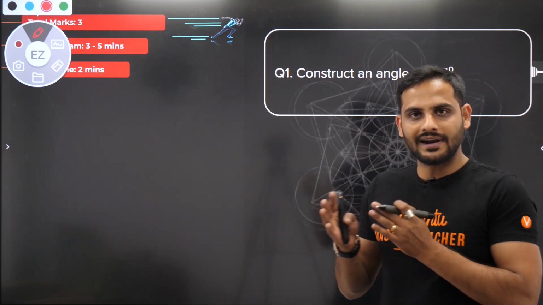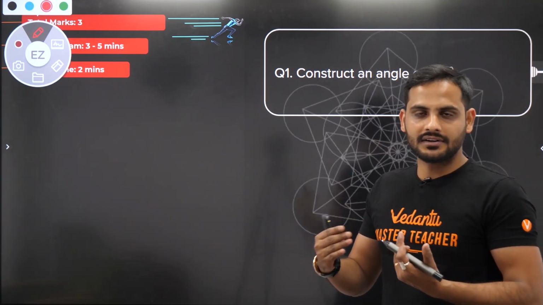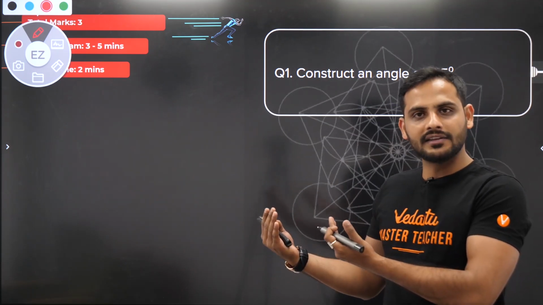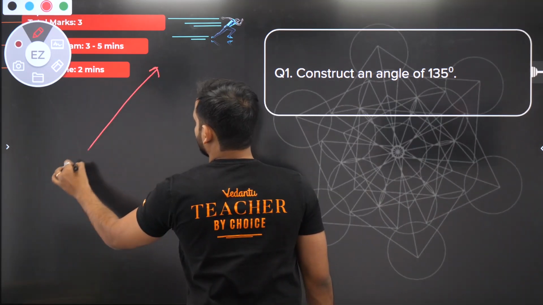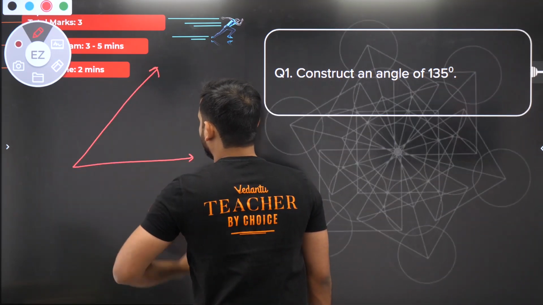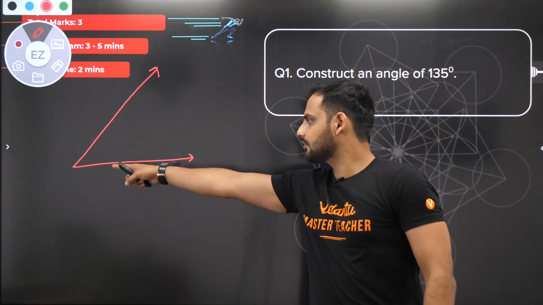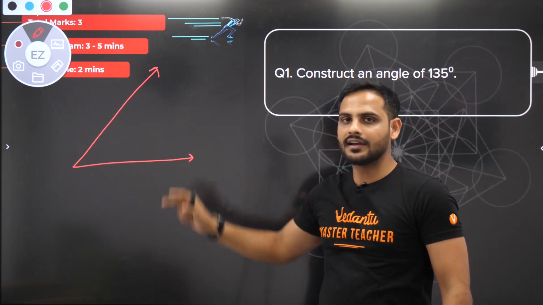So now how do you get it? First thing, before starting the construction of an angle, let me teach you how to make an angle bisector. How do you draw an angle and draw an angle bisector, and then it will be very easy for you to know. Suppose I give you any angle and I tell you to draw an angle bisector, that means a line through this vertex such that the line will divide this angle into 2 equal angles.